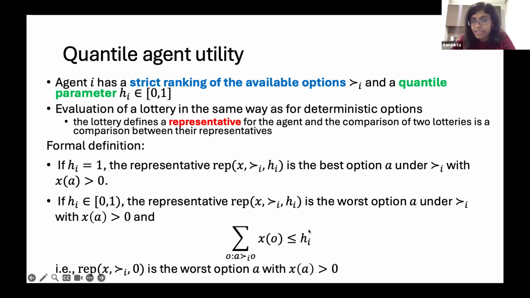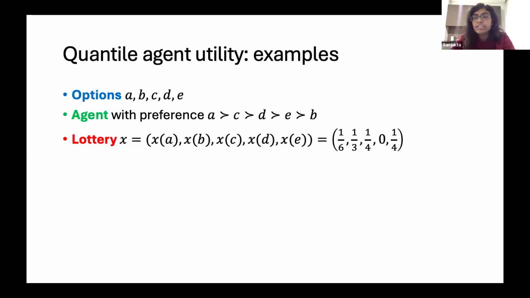Let's look into an example to understand the definition. Say I have five options, A, B, C, D, E, and the agent's preference is A better than C, better than D, better than E, and better than B. We are given this lottery X with this probability distribution.